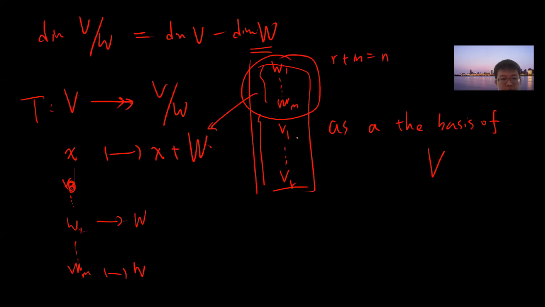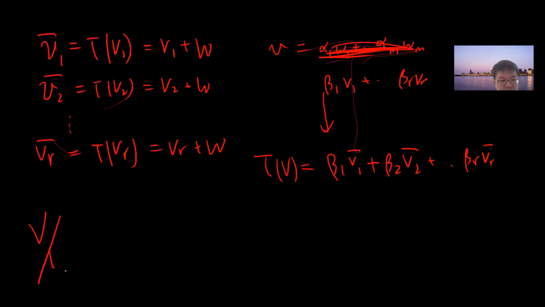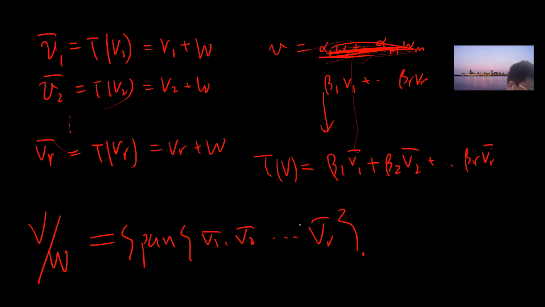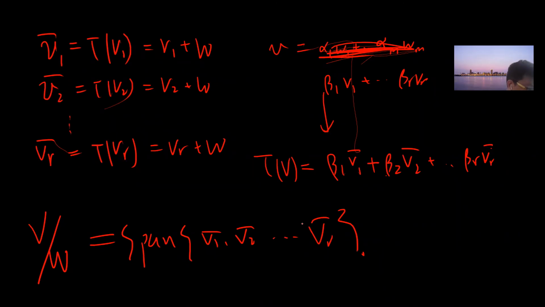And you know that this map is an onto map, so V quotient W is spanned by V1 bar, V2 bar up to Vr bar. So you know that the dimension of it must be less than or equal to dimension V minus dimension W by definition. But why is it the equal sign now?